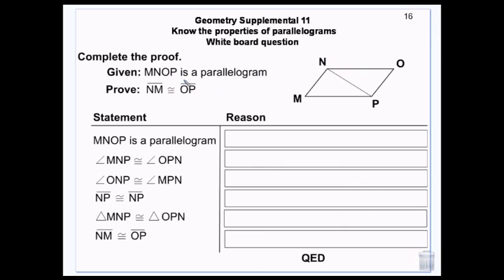All right, so MNOP is a parallelogram. Okay, and then MNP, that's this angle here, is congruent to OPN, that's that angle here, because these lines are parallel, these are alternate interior angles.